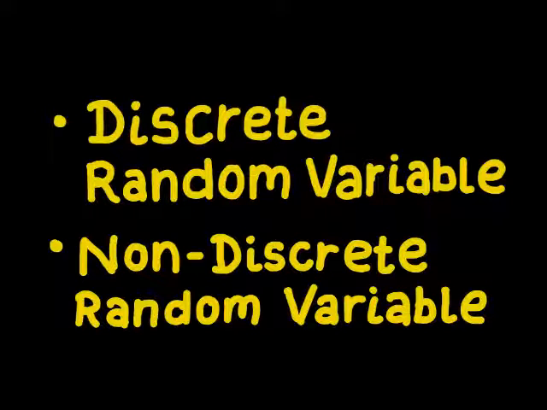After having gone through these instances, we can say that a variable taking a finite or countably infinite number of values is called a discrete random variable. On the other hand, one which takes on a non-countably infinite number of values is called a non-discrete random variable.